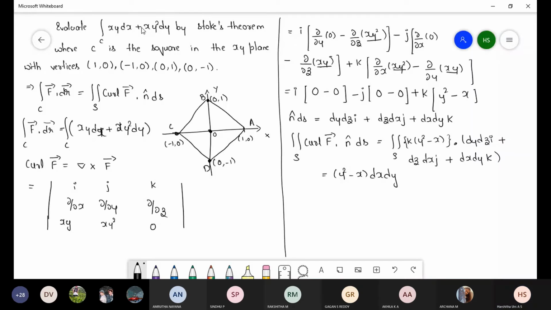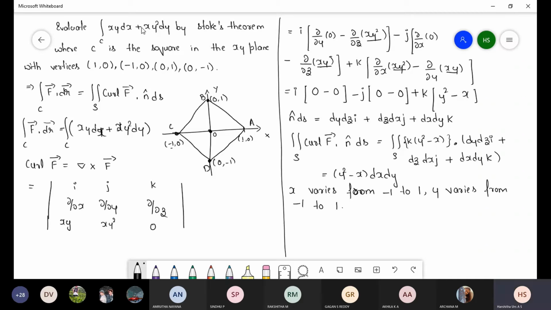Then from the diagram you can write x varies from minus 1 to 1, y varies from minus 1 to 1.